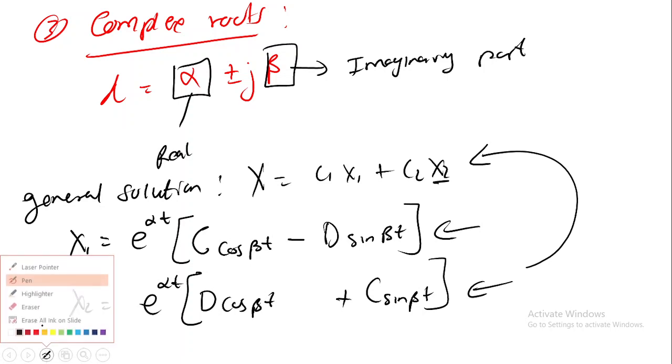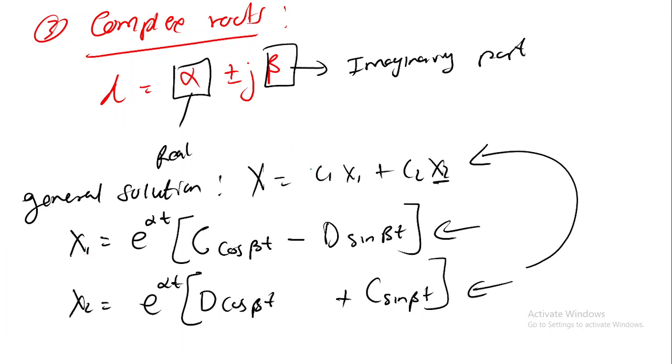Note that c1 and c2 we call constants. Our constants we get using the IVP. By the IVP, I am referring to the condition that you will be given.